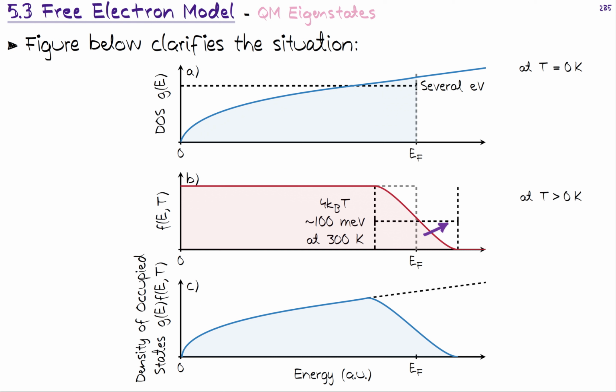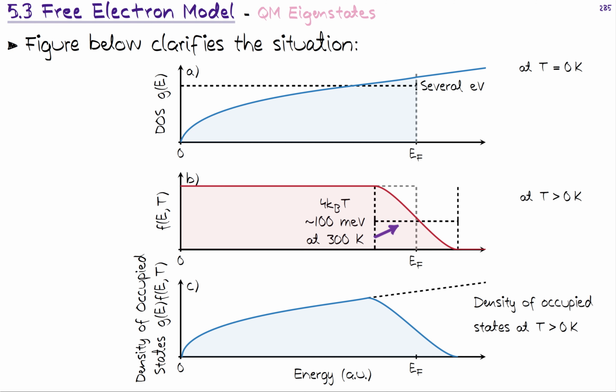And the width of this blurriness in the Fermi-Dirac distribution is of the order of 4 times kBT. At room temperature, 300 kelvins, the width of it is around 100 milli-electron volts. And that's, of course, very tiny compared to the Fermi level of several eVs. So in essence, this is very narrow.